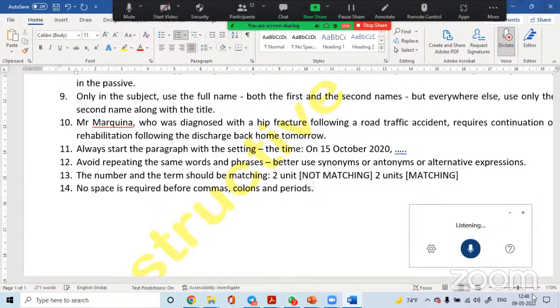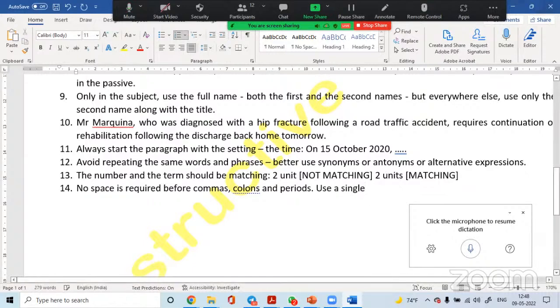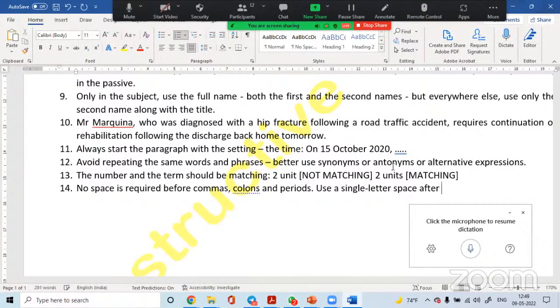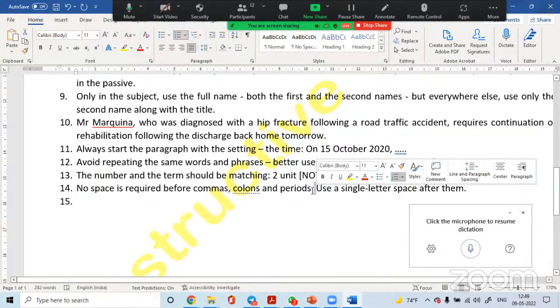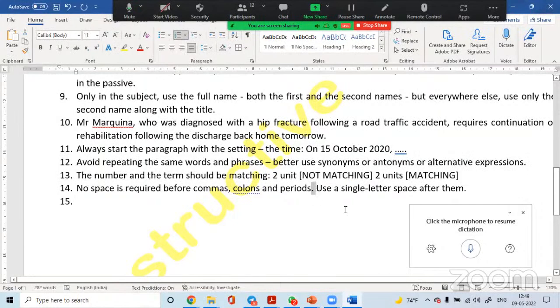So no space is required before commas, colons, and periods. Okay. Use a single letter space after them. That is the rule. After period you have to use a space, not before. Before no space, after there is a space. So remember that. Fine.